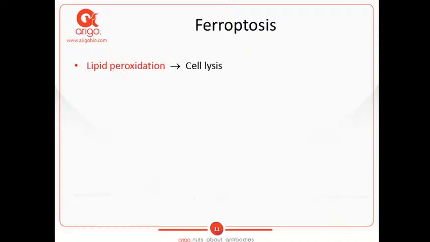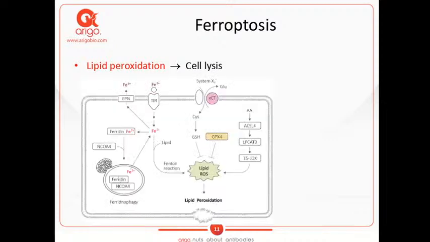Then let's talk about ferroptosis. The characteristic of ferroptosis is lipid peroxidation, which results in plasma membrane breaking and eventually results in cell death. The overaccumulation of ferrous iron has a Fenton reaction with lipids and generates a lot of lipid ROS.